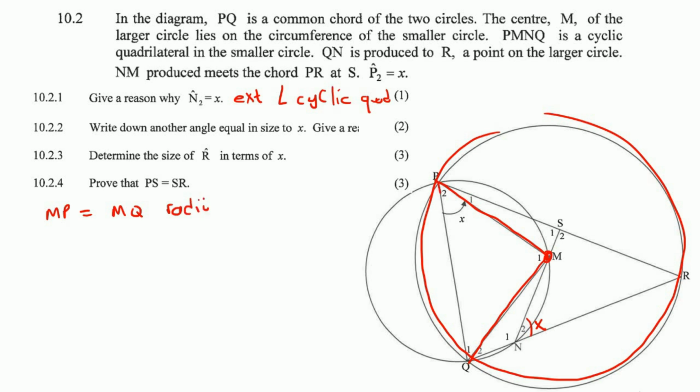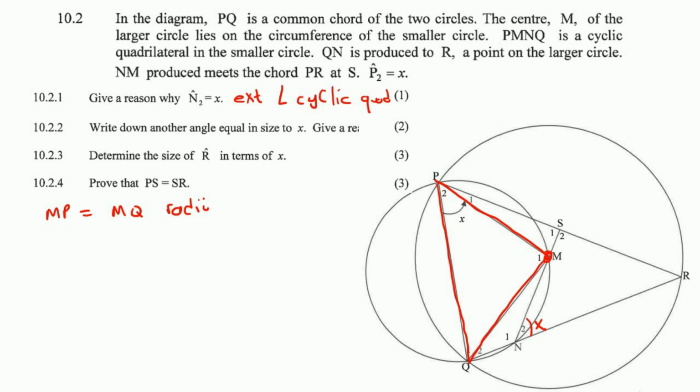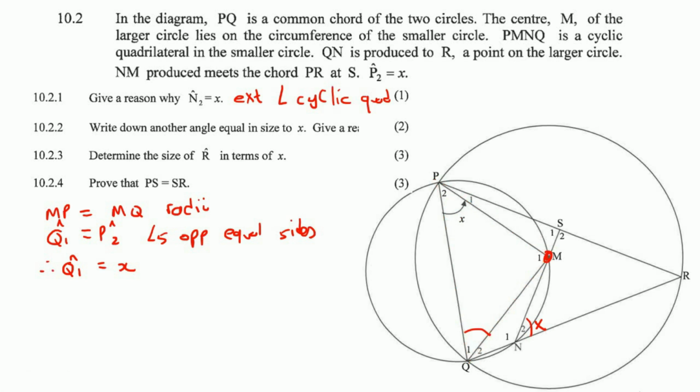Looking at this triangle, this angle here, Q1, must be the same as P2, because angles opposite equal sides are equal. Therefore Q1 is equal to x, because P2 is x. So there we got our other angle, x as well. This one's done, and this one's done.